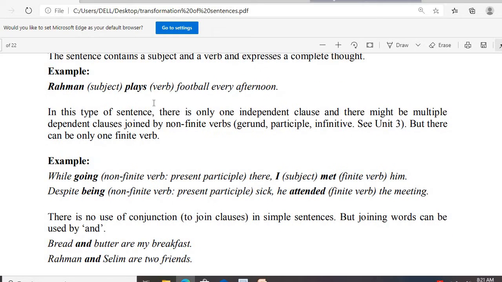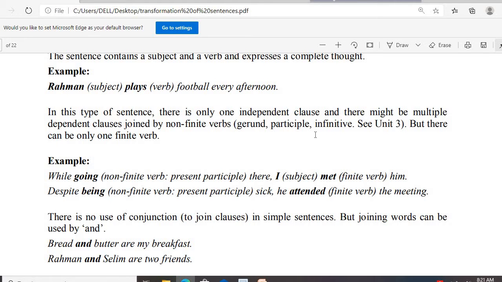And let's see the further explanation. In this type of sentence, there is only one independent clause. That is, the whole sentence is a clause, and only one independent clause, that is the principal clause. And there might be multiple dependent clauses joined by non-finite verbs. Non-finite, most important, these three things you must remember.